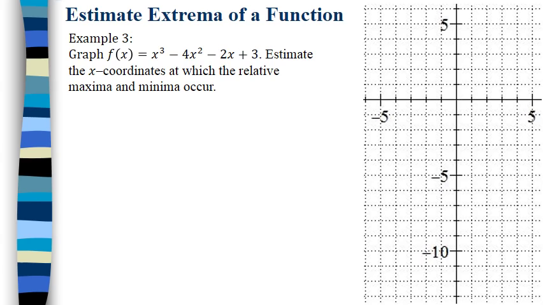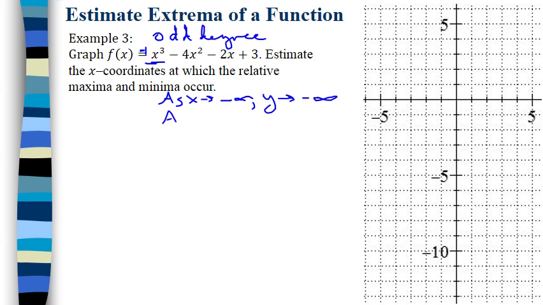So again, just like all functions, we want to take a look at the leading coefficient, and we notice here that it is an odd degree, so that means that our y values are going to end in opposite directions, and a is positive, so that means as x approaches negative infinity, a negative number cubed is going to stay negative, so y is going to approach negative infinity.